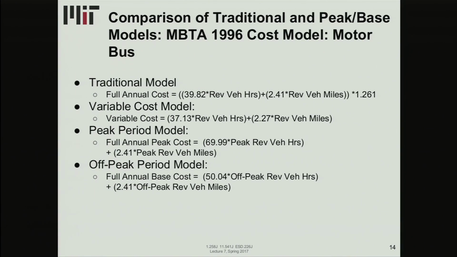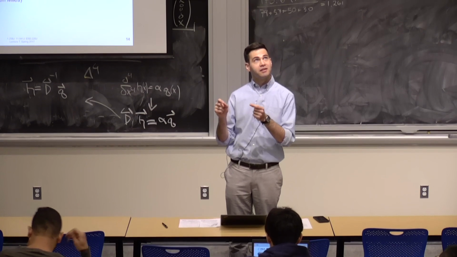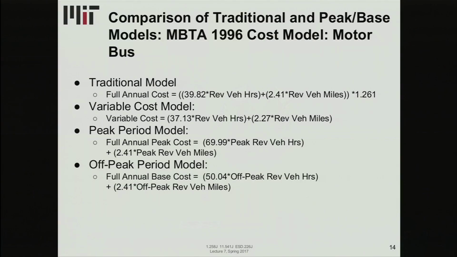Okay, so now let's compare the models. We started out with a very traditional simple model, the first one we gave, which was full annual cost, and it had this factor which accounted for the fact that we weren't including the costs associated with peak vehicles. So that was the first example.